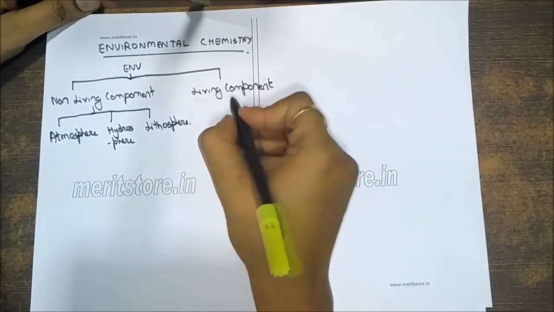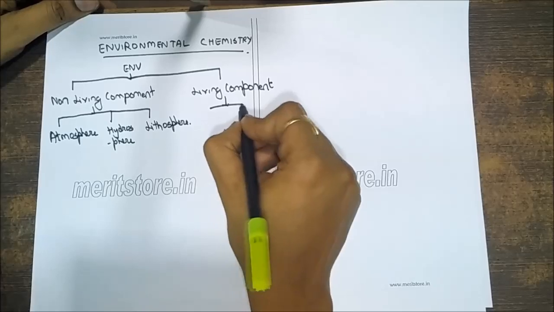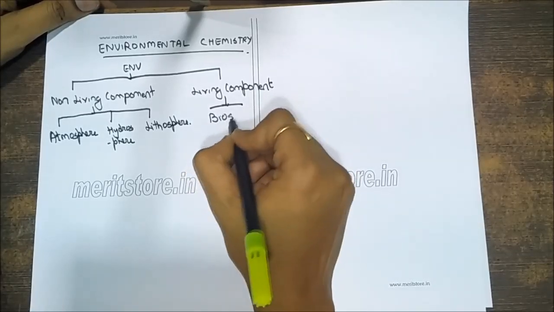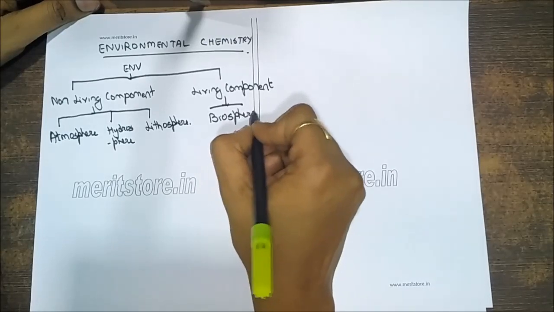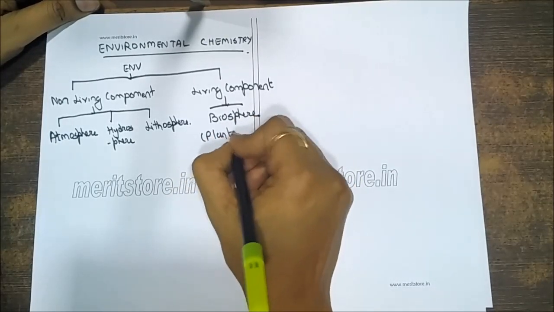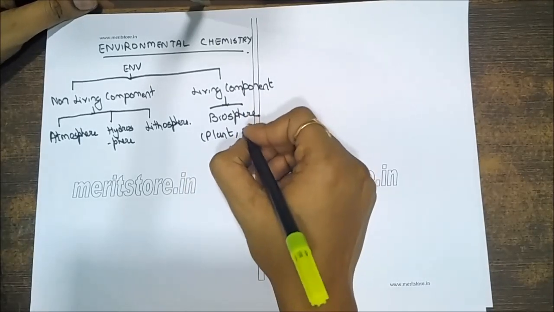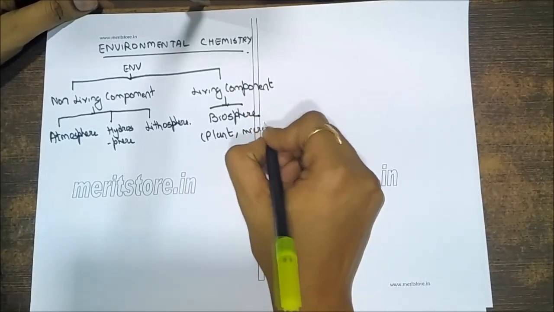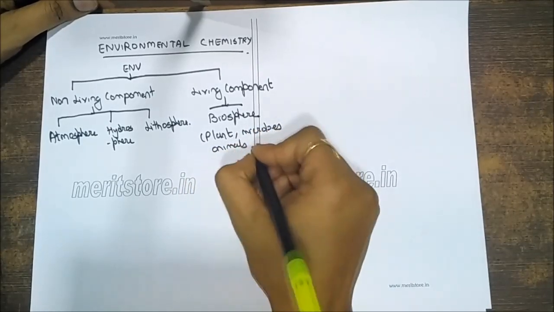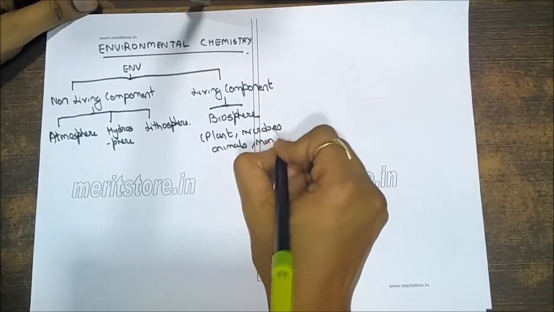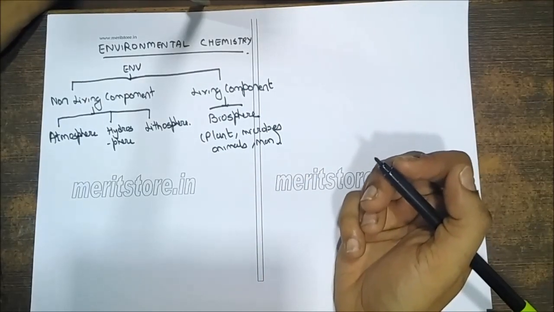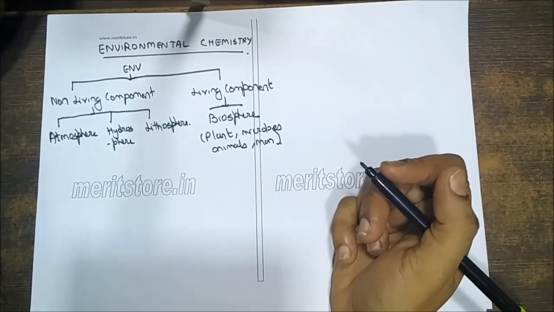And the living component comprises the biosphere. Now the biosphere would include everything: plants, living organisms, animals, microbes, etc.